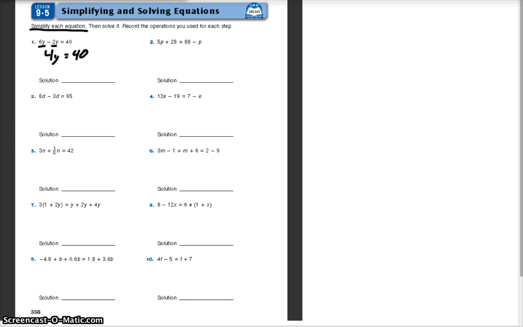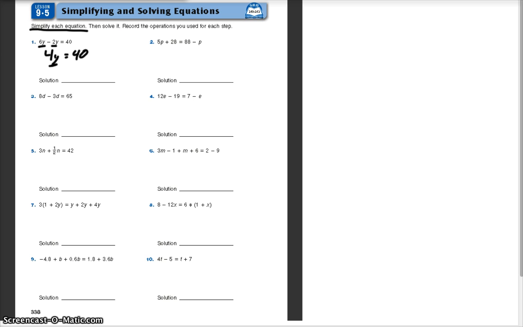And now I want to solve for y. So I want to get y all by itself. And what kind of math is happening between 4 and y? That would be multiplication. So whenever I want to isolate the variable, which in this case is y, all by itself, I want to do the opposite of what's happening.